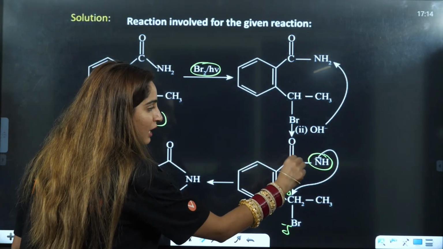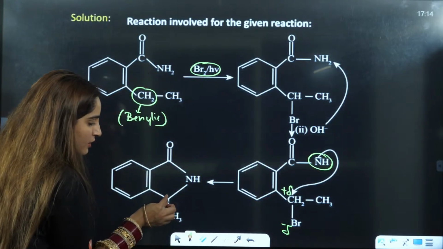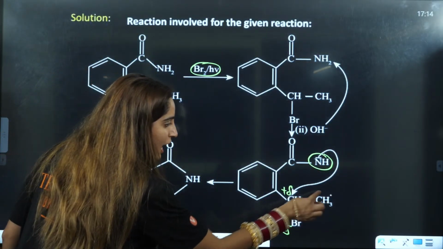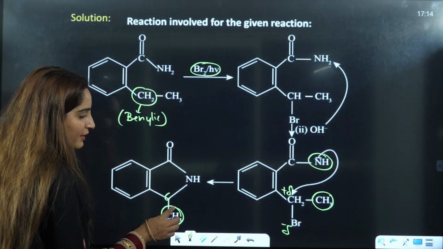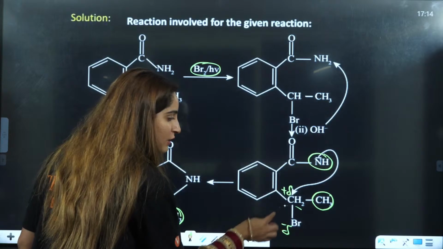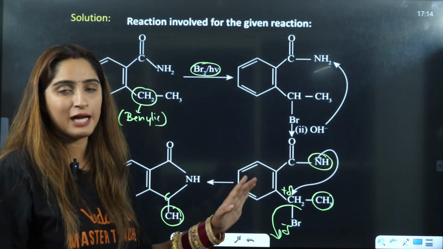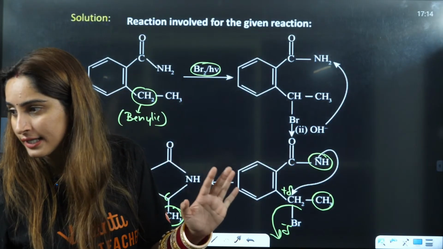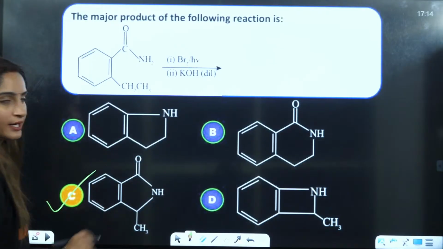This carbonyl, the nitrogen attached to it, will form a ring with this carbon here, which is attached to one methyl and one Br, right? Br will be eliminated here. Why? Because this N has only attacked here, and Br will be eliminated in this position, and the answer is going to be C, the correct answer.